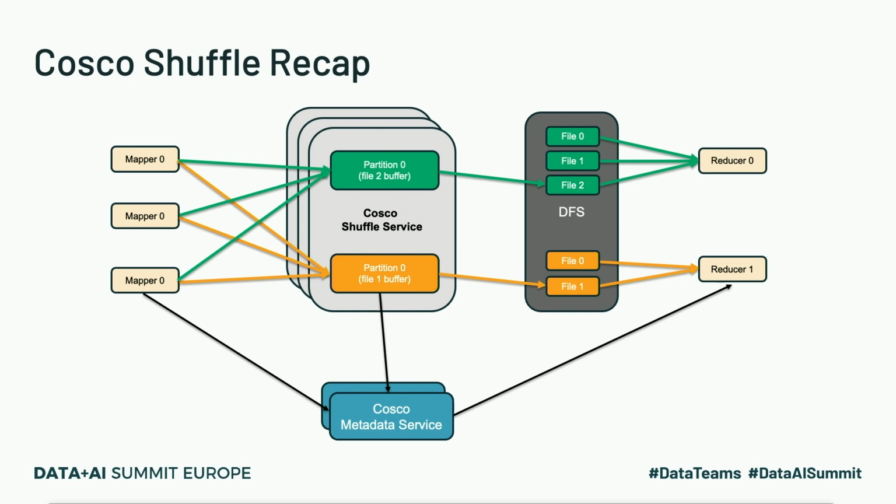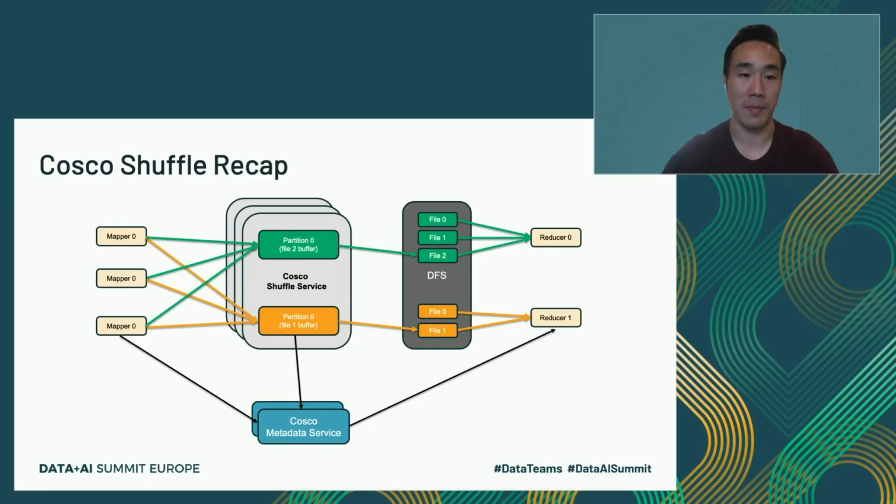In short, Cosco groups shuffle data into files by partitions, while the vanilla Spark shuffle groups shuffle data into files by mappers. Each mapper streams the shuffle data to the corresponding shuffle service instance based on the partition ID of the data. The Cosco shuffle service has a write-ahead buffer for each reducer partition, so it merges data from different mappers and flushes it to disaggregated storage.